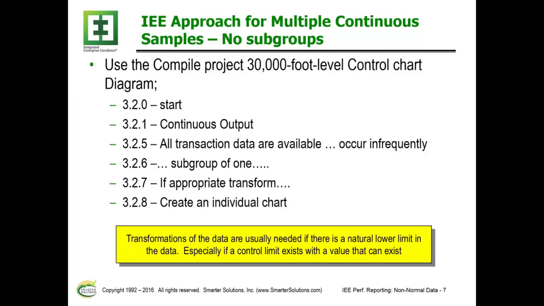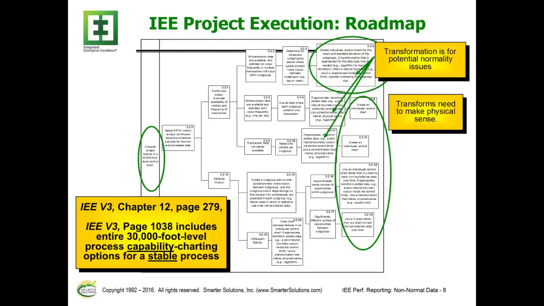So this is the overall roadmap that you would follow. Especially when there's a lower boundary, like it can't get below 0, for example lead time can't get below 0, well then that's a clue that a log normal distribution may be an appropriate transformation.